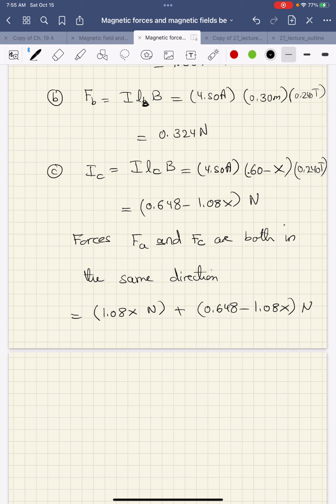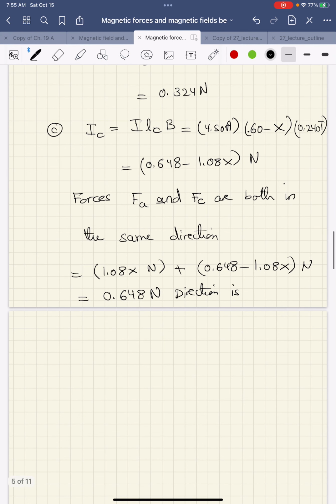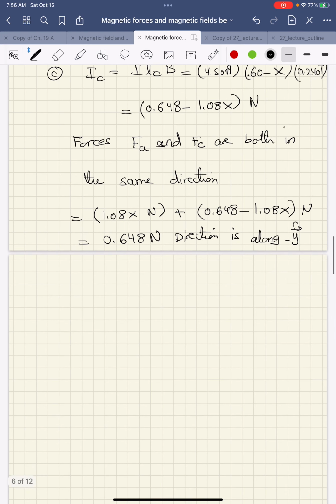And from that, you're going to see that the force is along negative y, because we have B here and I in this direction, and this is the right hand rule.